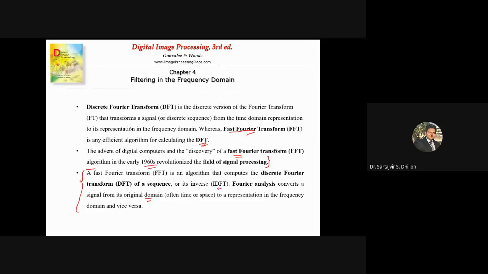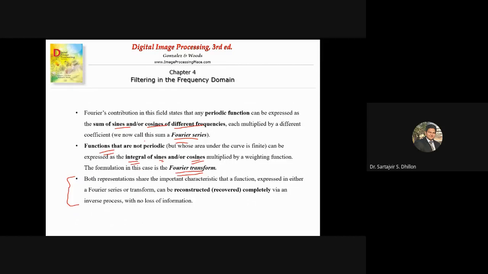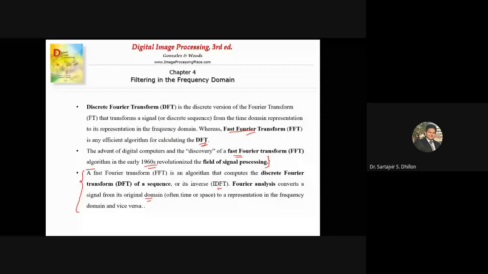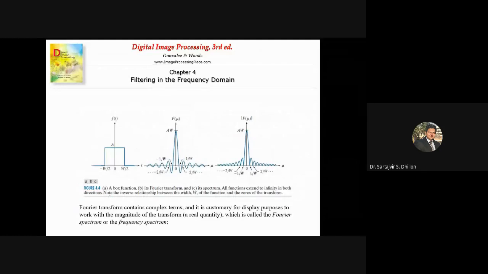So this is just a basic introduction, and hopefully you are already well aware of what a Fourier series is, what a Fourier transformation is, DFT and there is IDFT and FFT. So these are all important terms which are going to be used in digital image processing.